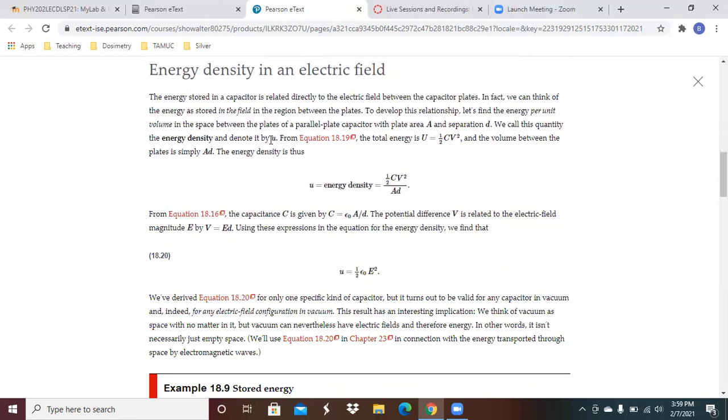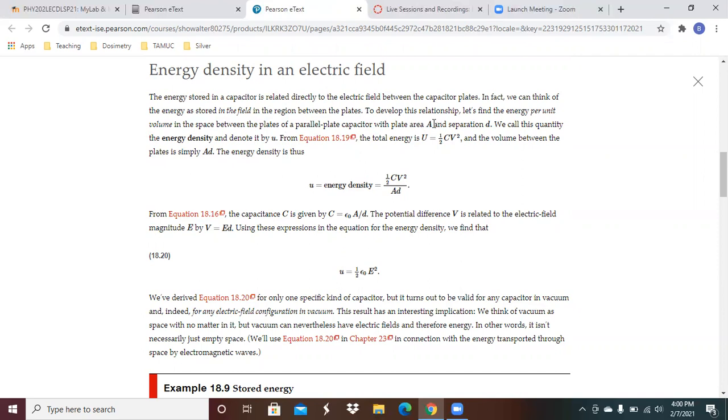So what about the energy density? The energy stored in a capacitor is related directly to the electric field between the capacitor plates. That shouldn't surprise you. We can think of the energy as stored in the field in the region between the plates. Now, to develop this, we're going to find the energy per unit volume in the space between the plates of the capacitor.